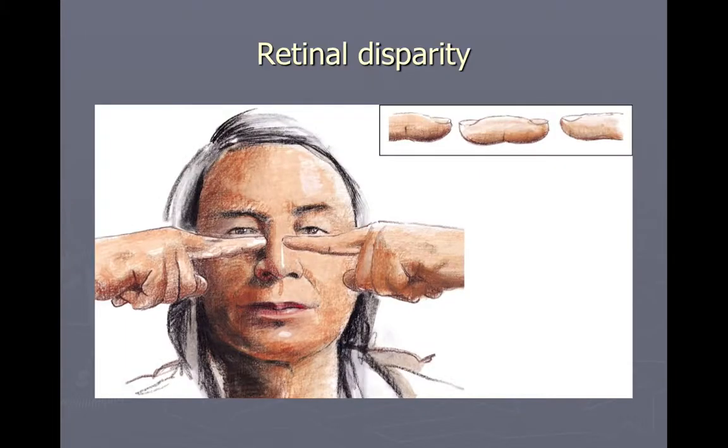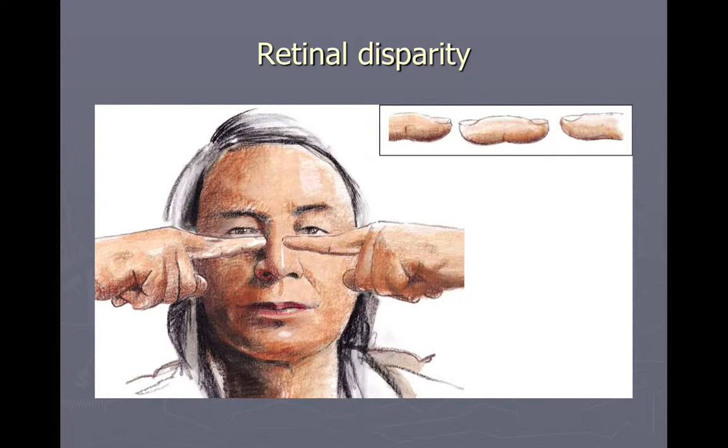This next slide you see here helps understand retinal disparity, and it's the floating finger sausage experiment or test. If you were to peer across the room and you hold your 2 index fingers out in front of you, right in your line of vision, but you don't focus on your fingers, you are focusing on the back of the room, and you move your index fingers together, it actually creates a floating finger.